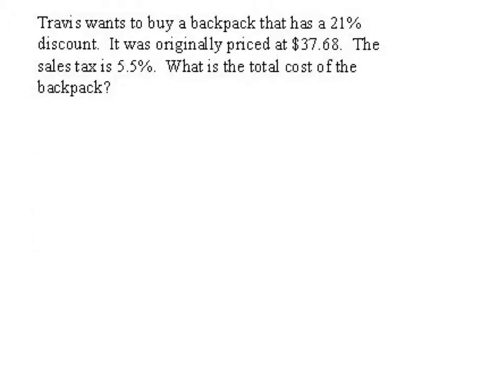Okay, here's another one of these that I said is probably the hardest in the whole unit. Travis wants to buy a backpack that has a 21% discount. It was originally priced at $37.68. The sales tax is 5.5%. What is the total cost of the backpack? Okay, so first we get to take off the discount.